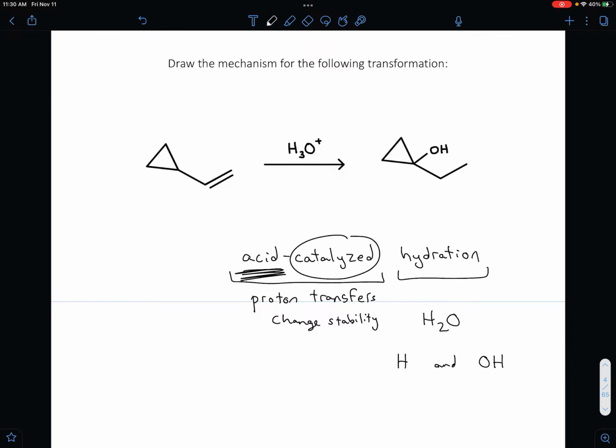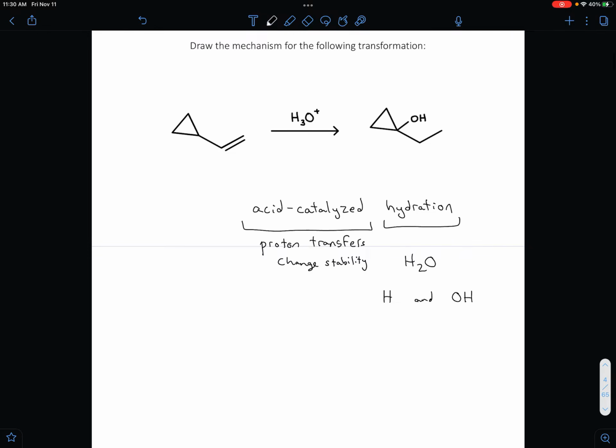So by changing stability, you can make things more reactive and therefore react faster. And so you can sort of hit the gas pedal, make a reaction happen faster. To use this term, you can catalyze the reaction you want to happen, often by adding an acid or a base.